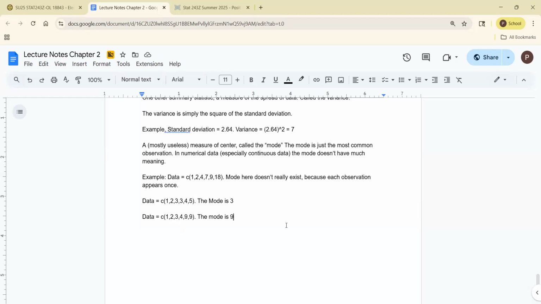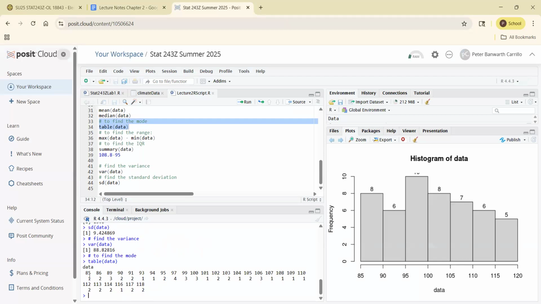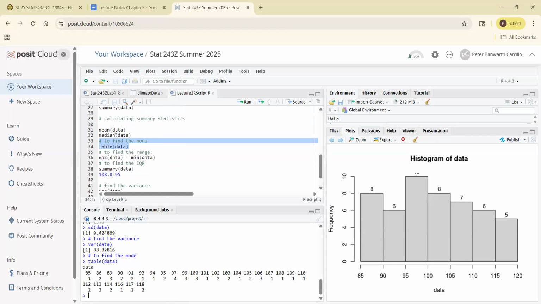So I don't think that the mode is very useful, but it is something that you need to know about. And if you want to find the mode using R, it's easiest to table your data, which will show you the number of observations for each value. And then you can scan and find that 97 shows up 4 times, which is more than any other value. And so the mode here would be 97.